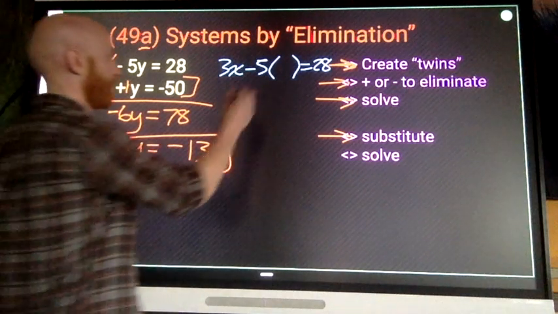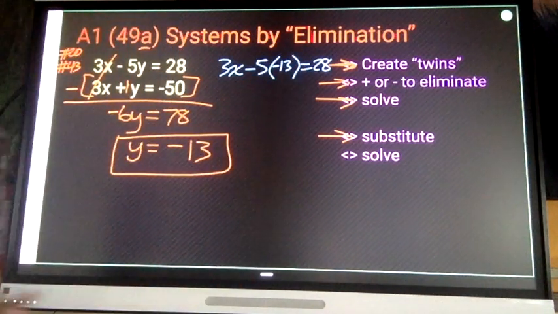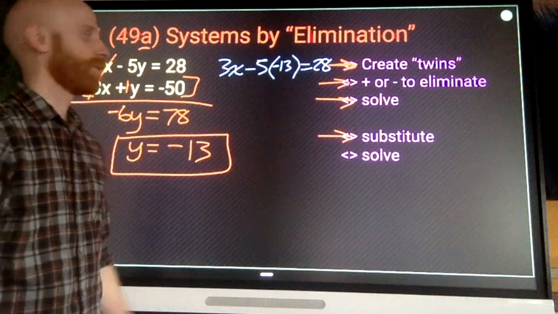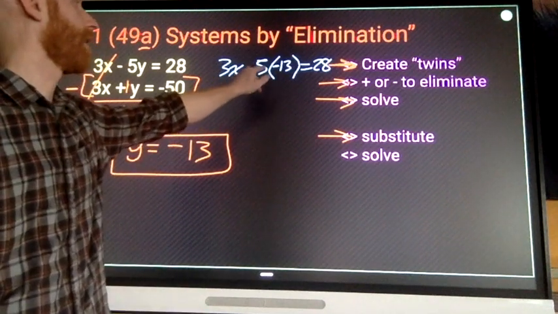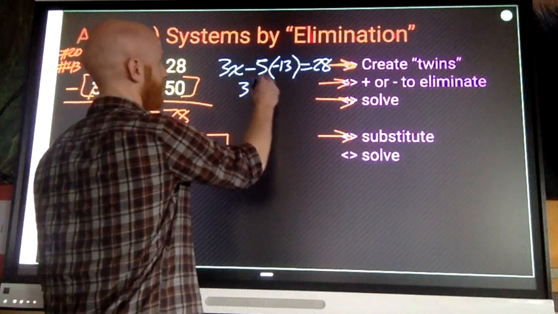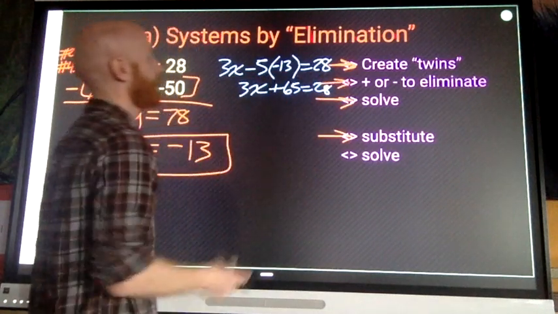So you've done this before, this substitution step. It's the same as the ending of skill number 43. A little bit more work that you might have to do with this one. Negative 5 times negative 13 is 65, so we got 3x plus 65 equals 28.